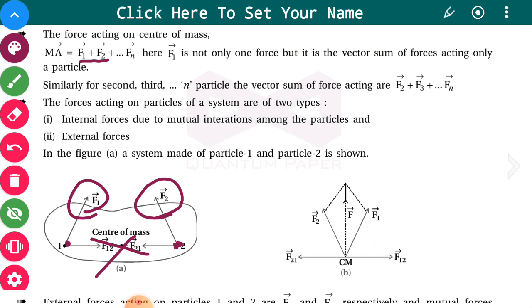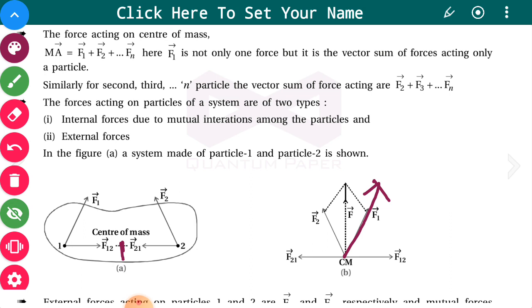So if the center of mass is somewhere here, then this force F1 is acting on the center of mass, and the other force F2 is also acting on this center of mass. If you are pushing a door, you are as such applying the force to a particle, but the whole force is acting on the center of mass of the door.